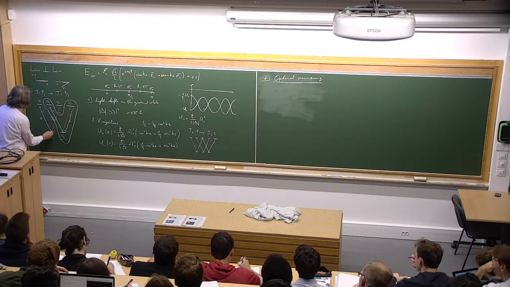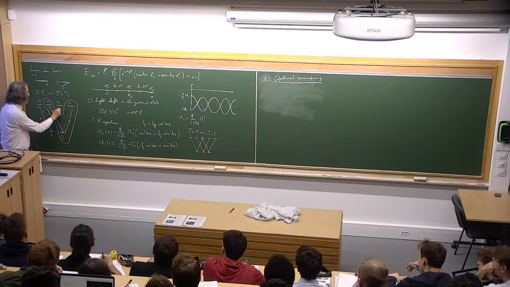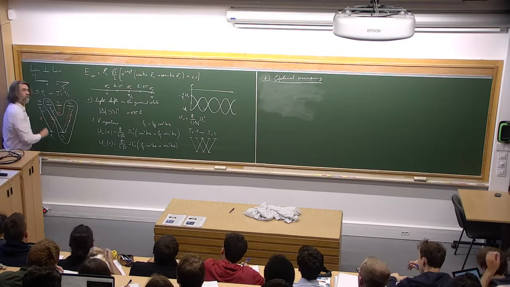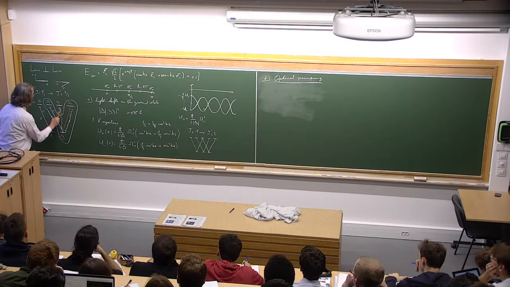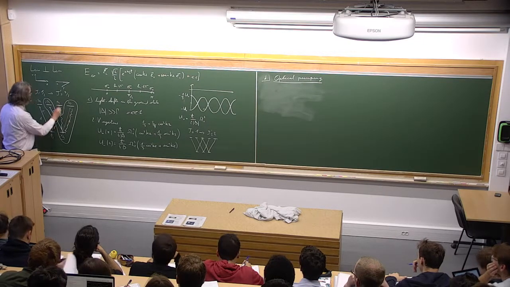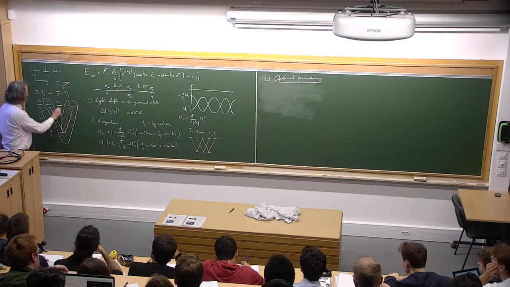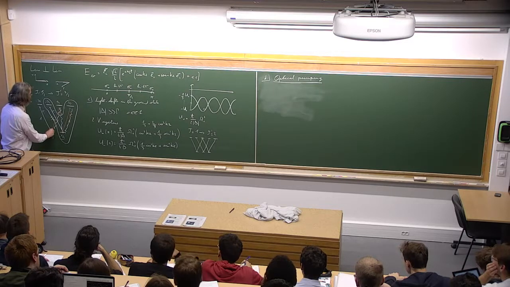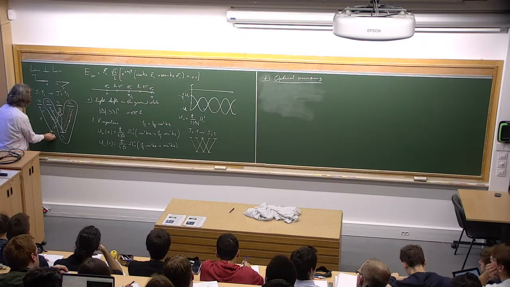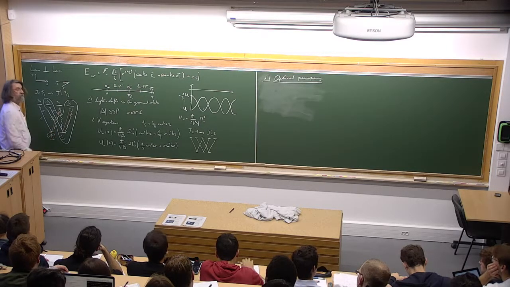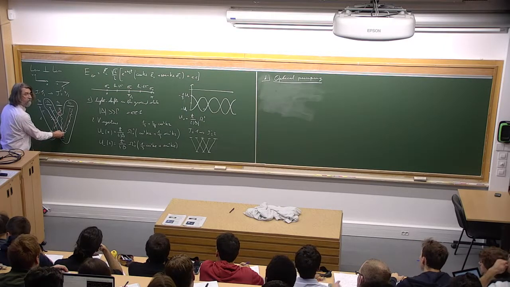If it is now in the minus 1/2 level in the presence of sigma plus light, then when it arrives in the plus 1/2 excited level, it can emit a pi photon or a sigma minus photon. This one is not interesting because it brings you back in your minus 1/2 level. But this one is very interesting because it means that after a few absorption emission cycles, if your atom was initially in the minus 1/2 level, it will be transferred to the plus 1/2 level where it stays.